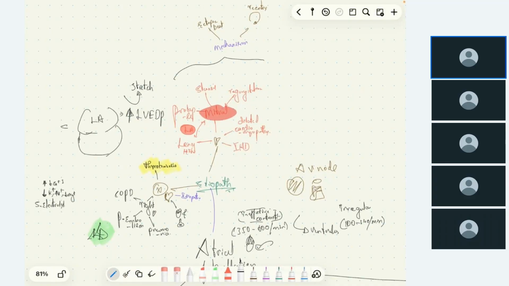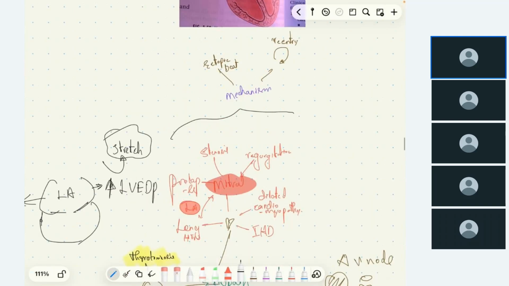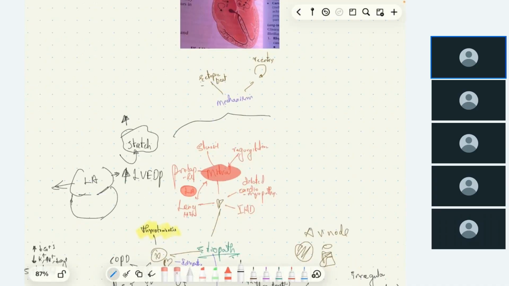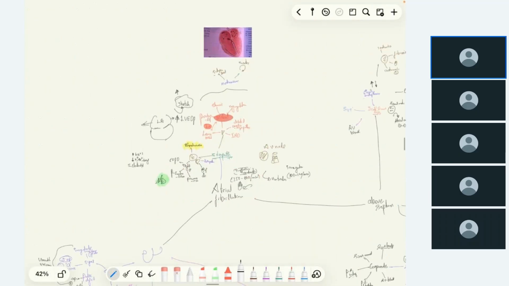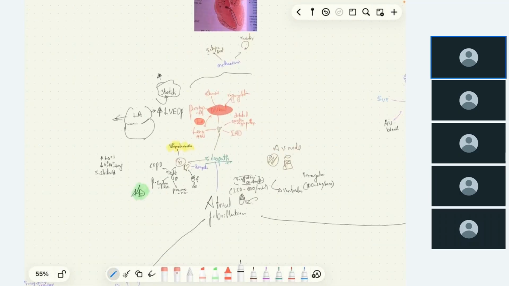This stretching of the left atrium will cause increased excitability of the tissues inside the left atrium, which leads to ectopic beat and atrial fibrillation. These are all the cardiac causes of atrial fibrillation.